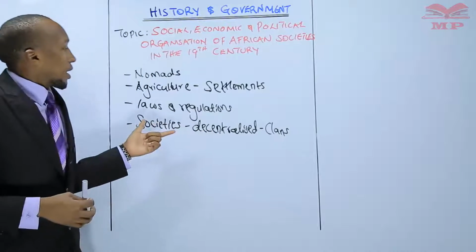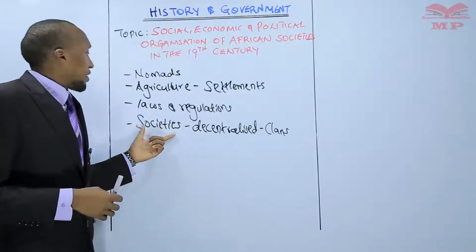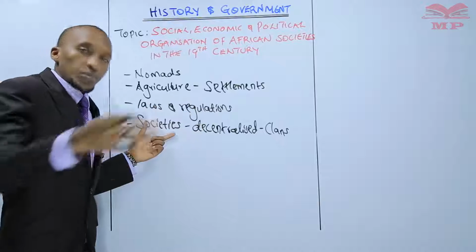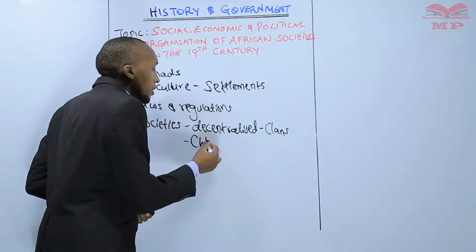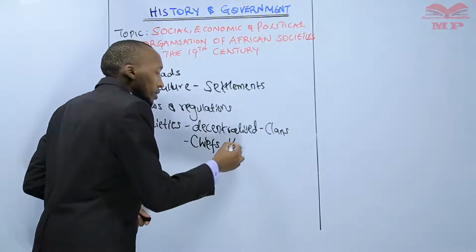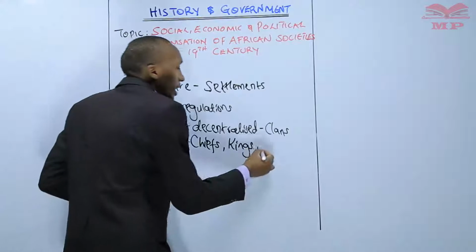But there were other societies that were much more advanced. They had bigger groups of people living together. They were led by chiefs and kings, and others had emperors.